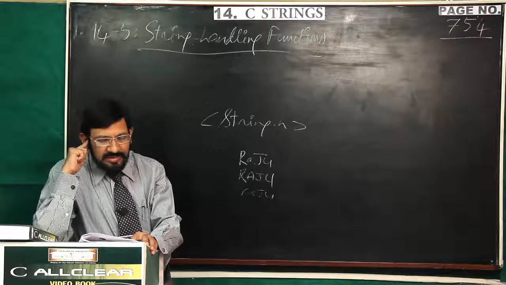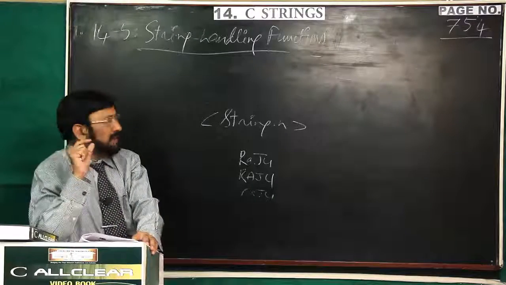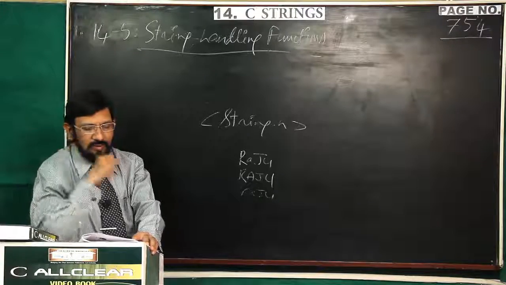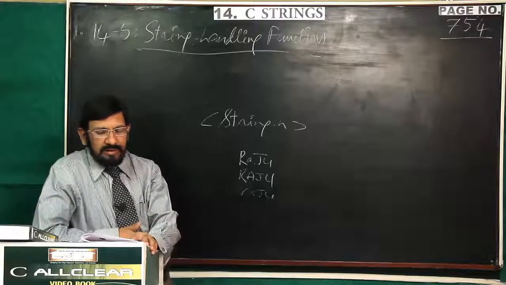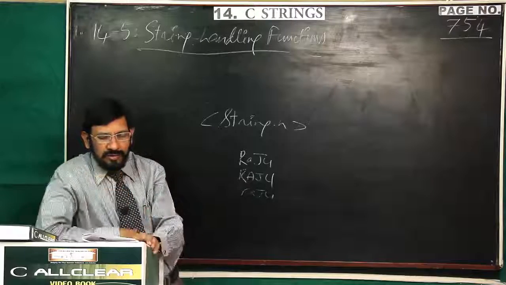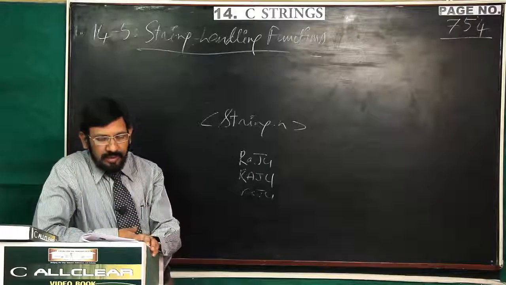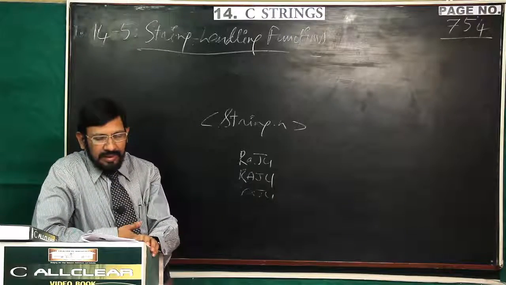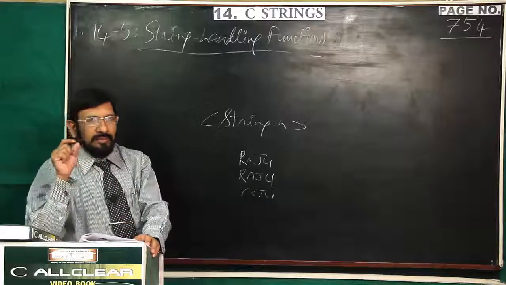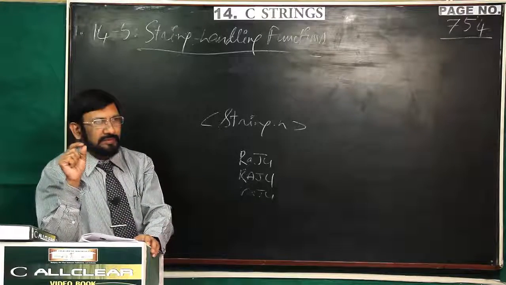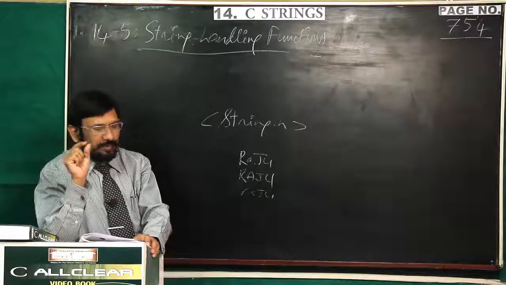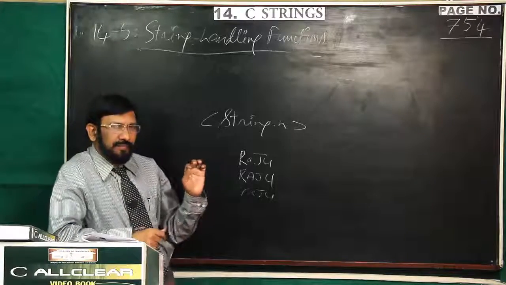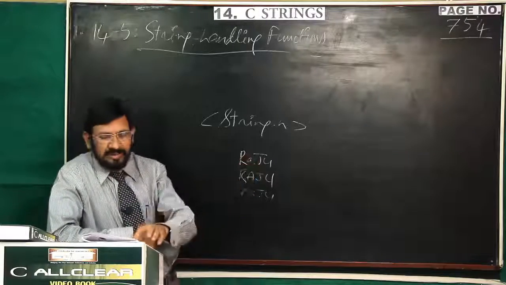Then strcat. Cat means concatenation, that is joining two strings. It appends, which means it joins two strings. And strncat appends n number of characters in a string to another string.